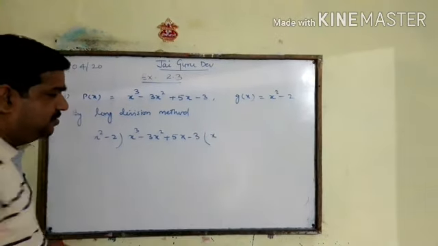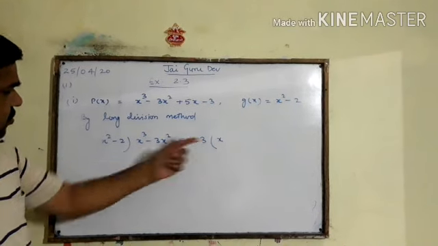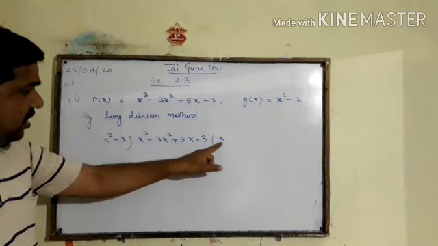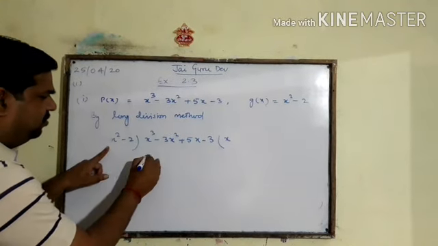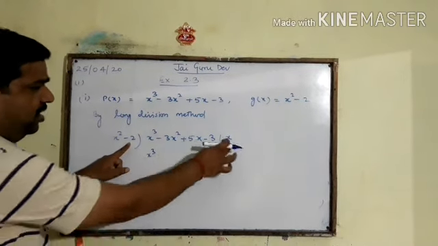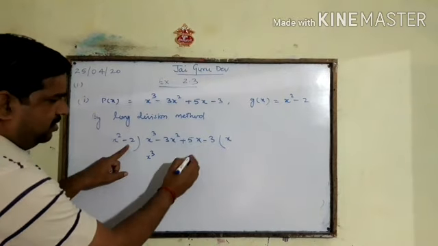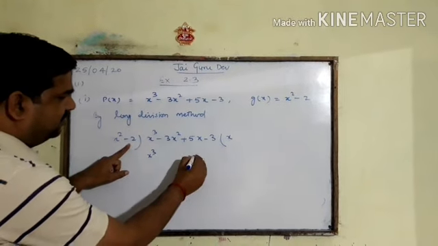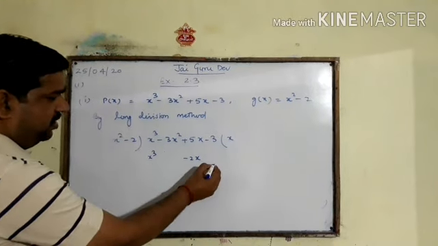Multiply this x with both terms of the divisor: x times x² is x³, and x times −2 is −2x. We write this term under the like term, where like terms have the same degree or exponent.